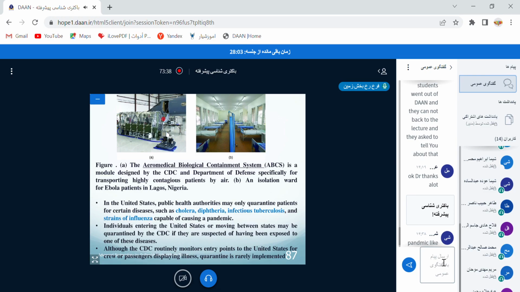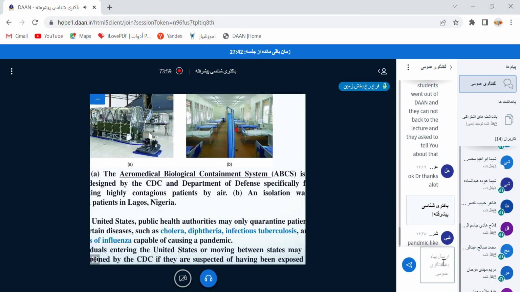So when you want to transfer these patients by airplane, first they should be quarantined in this equipment, not allowing other personnel or other people to be infected by this pathogen.